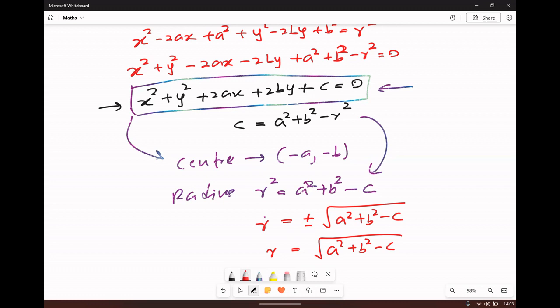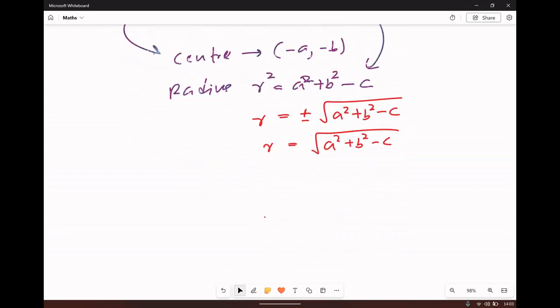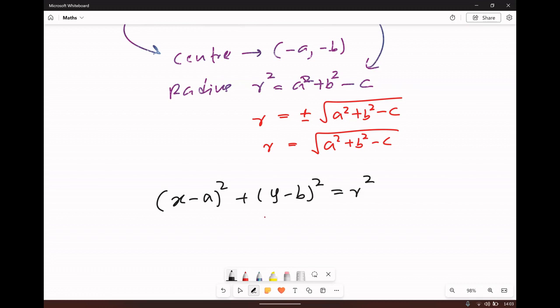So now we know that there are two formats of the equation of a circle. When a circle has the center at a comma b, the equation of the circle is (x minus a) squared plus (y minus b) squared equals r squared. Or otherwise, we can have the equation of a circle in this format: x squared plus y squared plus 2ax plus 2by plus c is equal to 0.